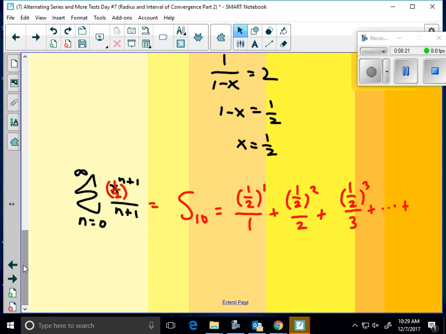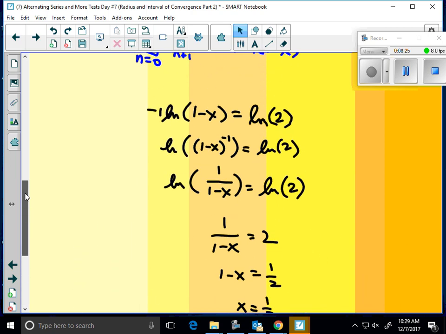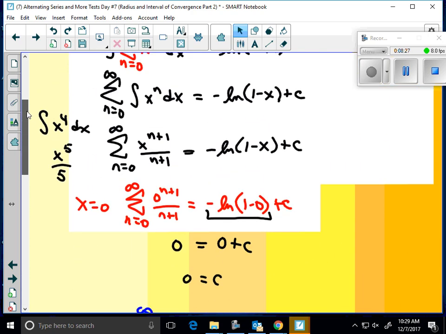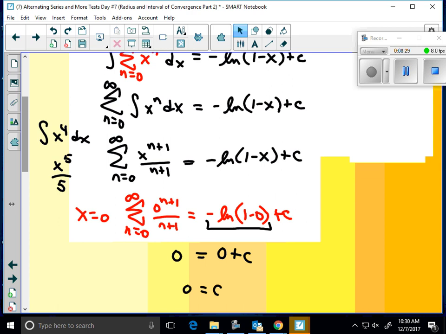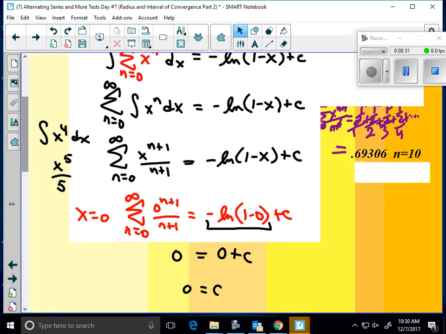Okay, so if you go out to the 10th term, I already did this calculation, so you don't have to use your calculator, but it would be about 0.69306.